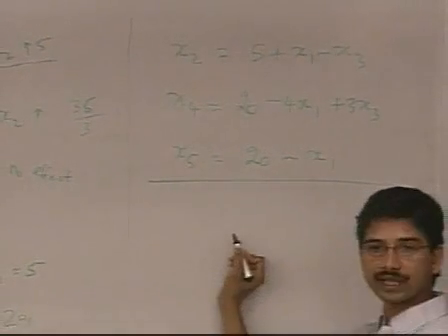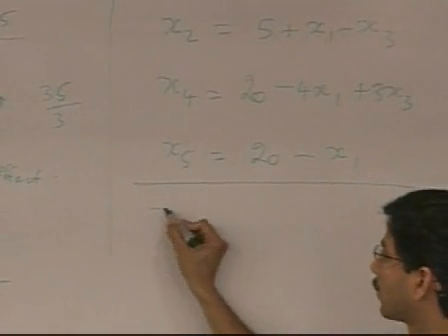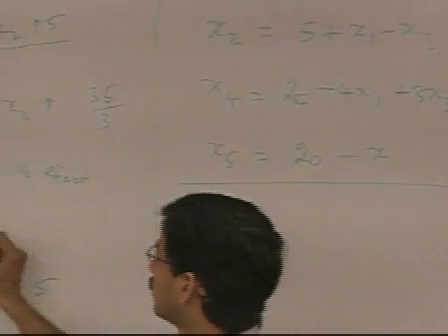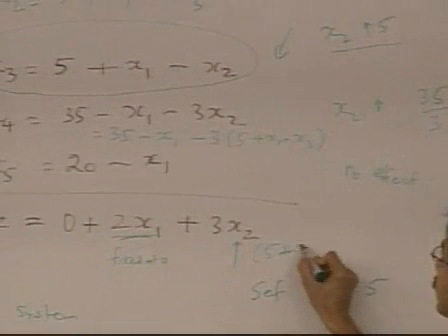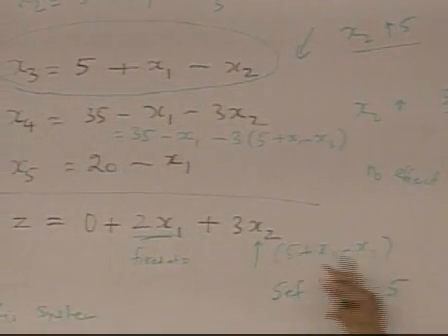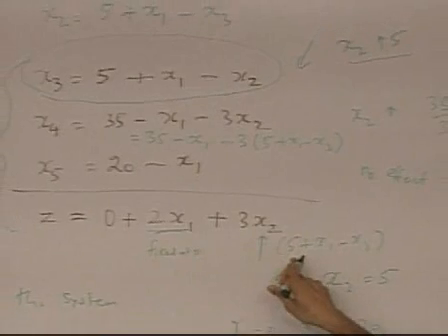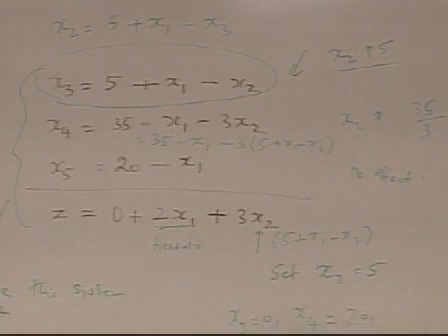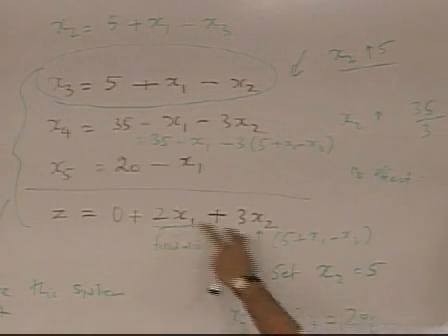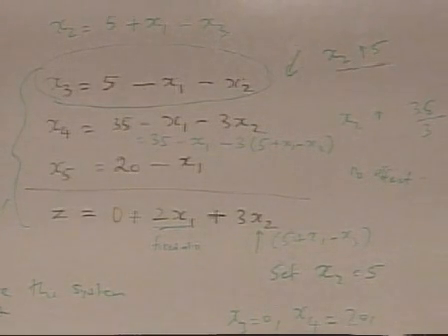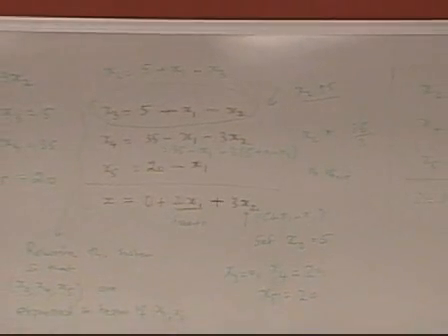And I want the same thing for the last row also. So I'm going to let z equals 0 plus 2x1 plus 3 times 5 plus x1 minus x3. So I get z equals 15. That's from here. Okay. The x1 coefficient is going to be 2 plus 3. And the x3 coefficient is going to be 5.